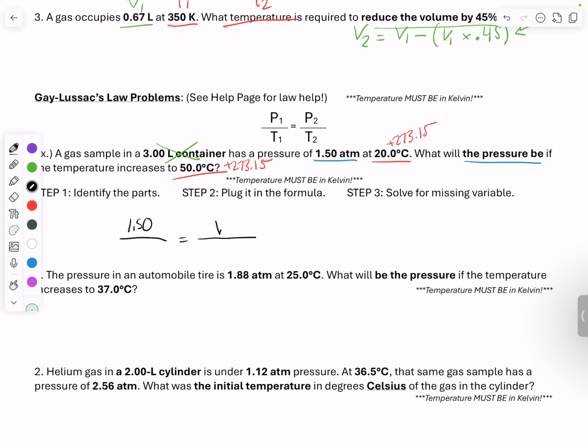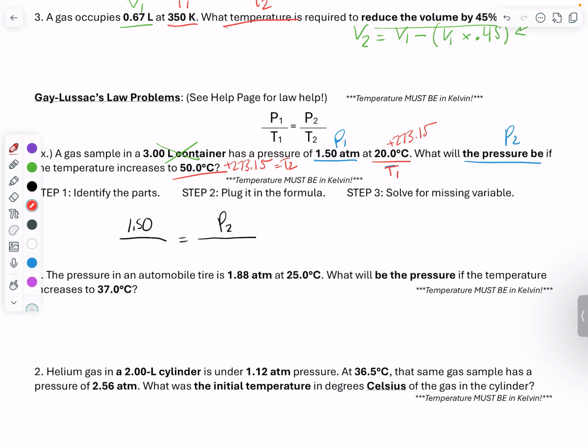I do not know my secondary pressure. I do have some Celsius changes to make. So remember, just let me stress this here: P1, P2. Keep the color going. This is T1 and this is T2 there.